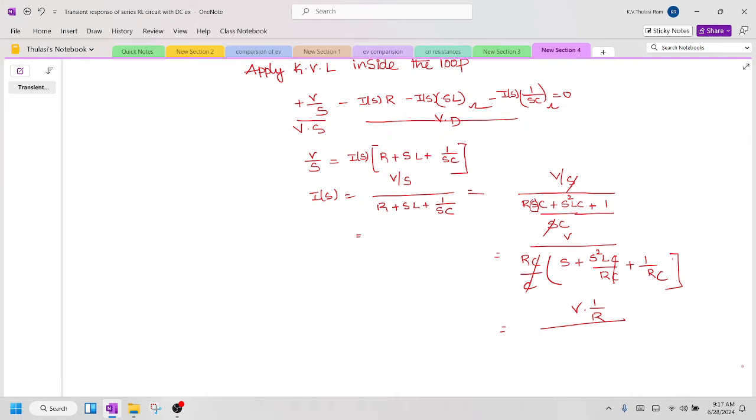Why? Because here the coefficient of S is 1, so don't take that as common. Here we will make the coefficient of S square as 1.